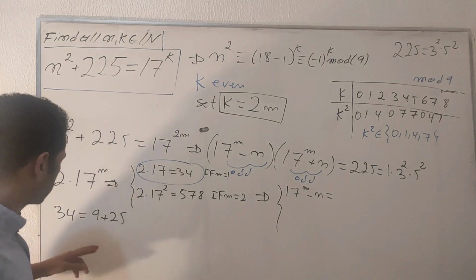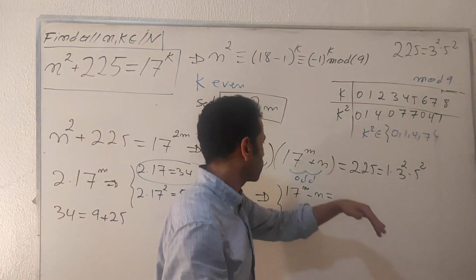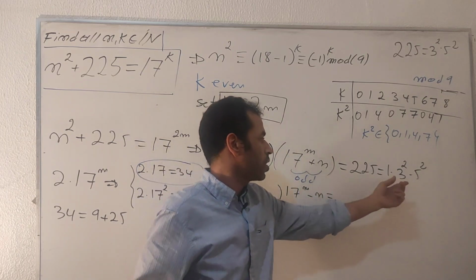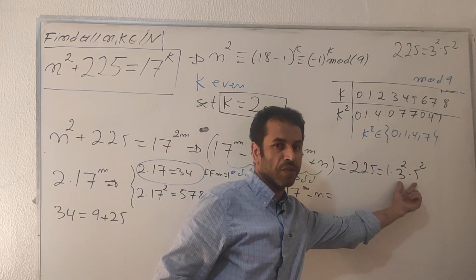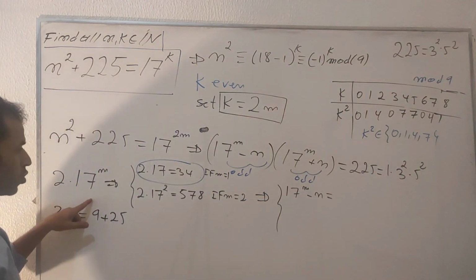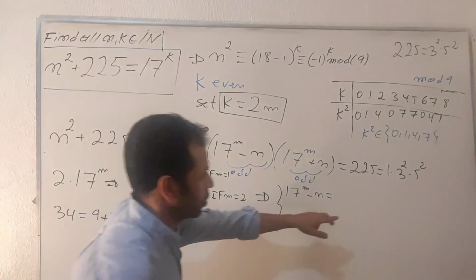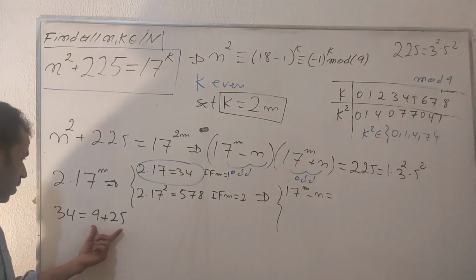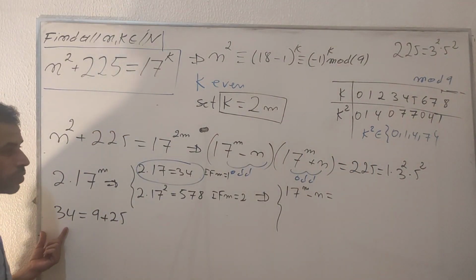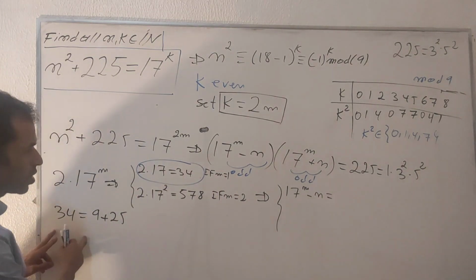We are using 9 plus 25 because the values of this sum must be taken from this product. So I take 3 squared, which you have here, as well as 5 squared, which we have here also. The sum of these is given as 34.